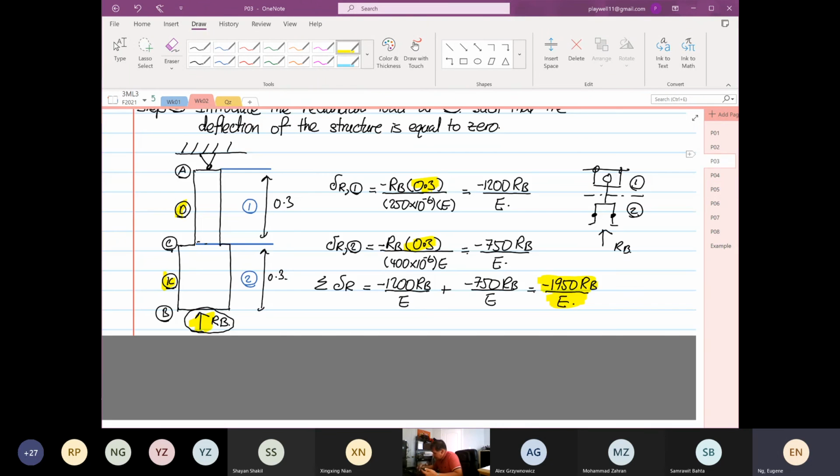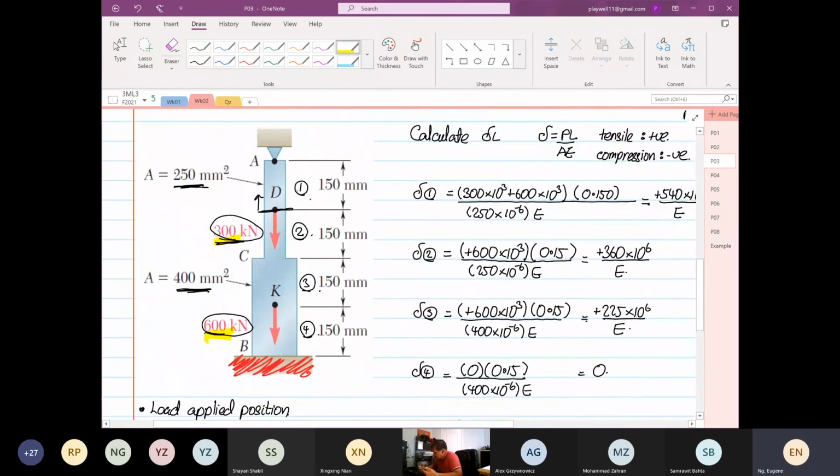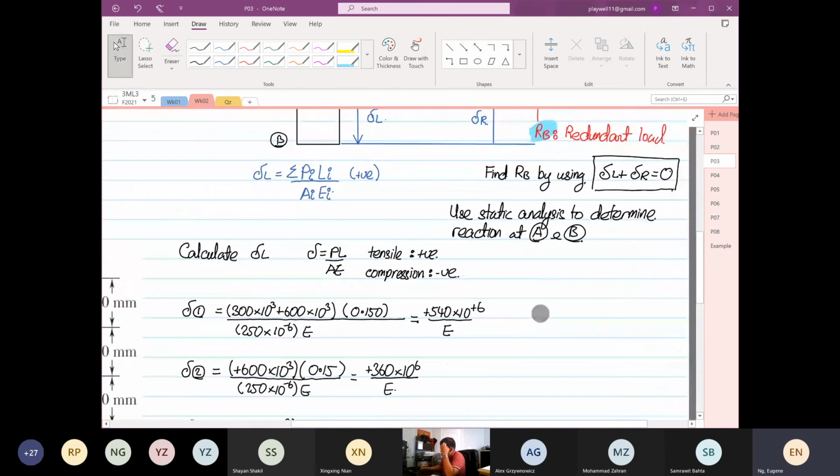The previous example, when we put in the redundant load, we only need to divide into 2 sections. When it's the applied load, you have to divide into 4 sections. So these are the key things that you have to take note. And the procedure in terms of tension, compression is pretty straightforward over here.